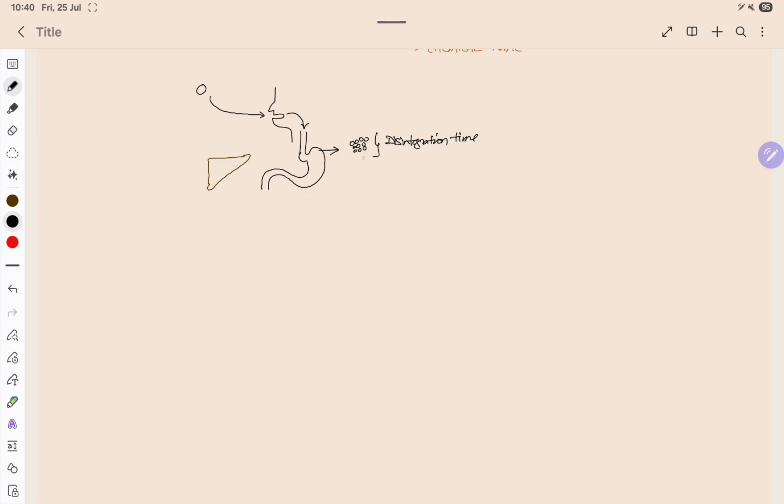The same disintegrated particles would get dissolved into the medium of the stomach, and we call it dissolution.